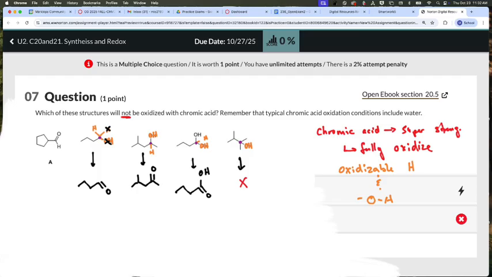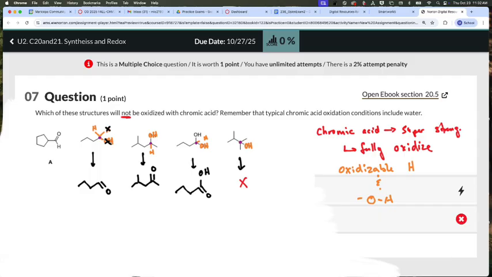The alcohol, the OH, is what's interacting with the chromium in our chromic acid. So if we don't have an OH, we can't continue to oxidize. And that's a really important statement in the overarching system for our oxidizing agents, our chromic acid and officially our PCC.